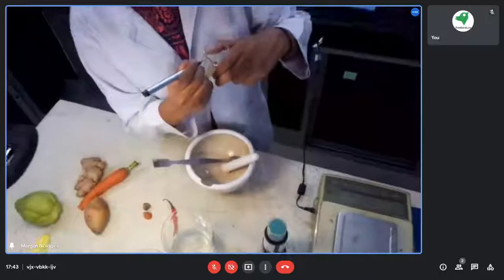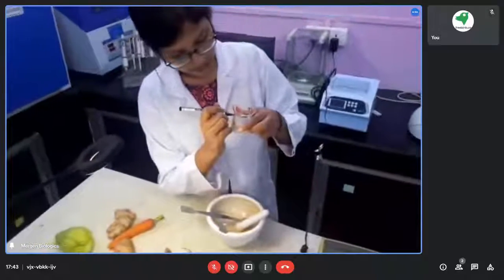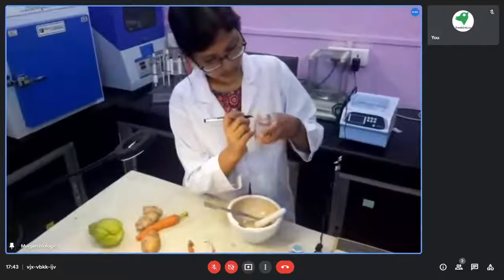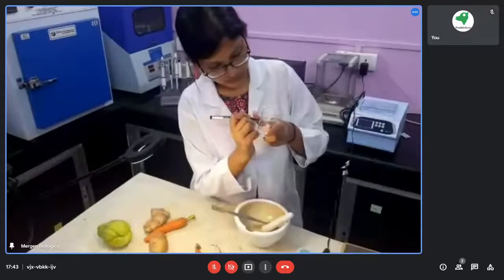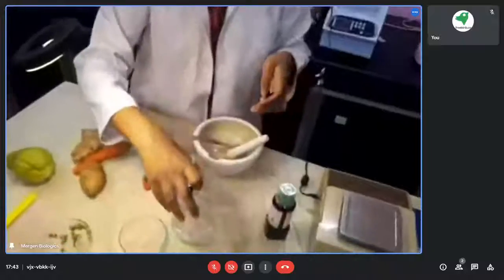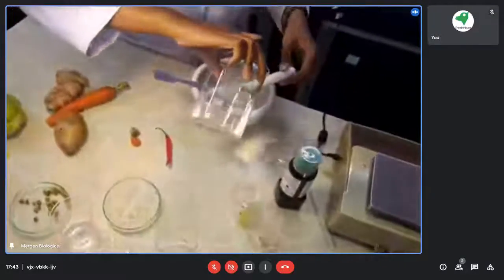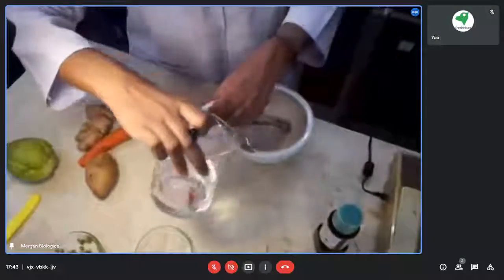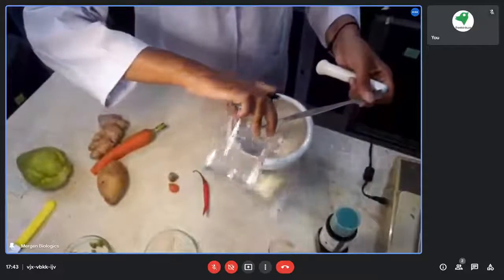And now label it as 2. Again rinse it well so that I won't get any cross contamination.